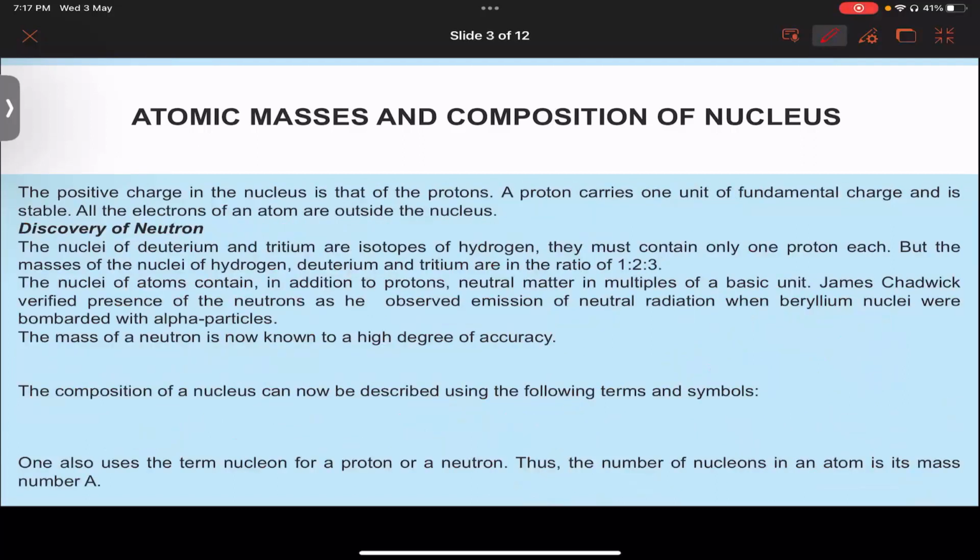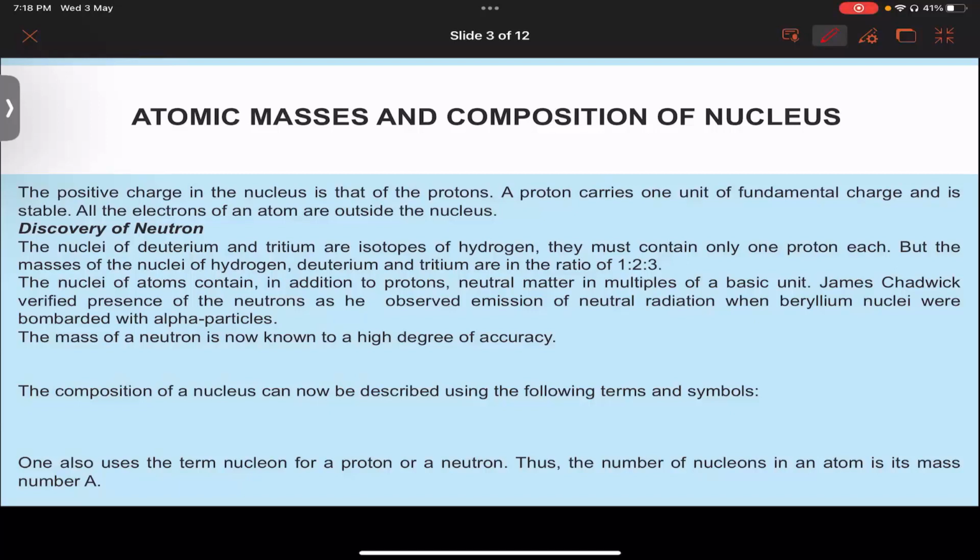Till now we have been talking about the mass of the atom itself, but we know that the nucleus has protons. Right now we know that we have protons and neutrons, but how do we understand that there exists another constituent of the atom, a neutron, other than the positively charged proton and the negatively charged electron?